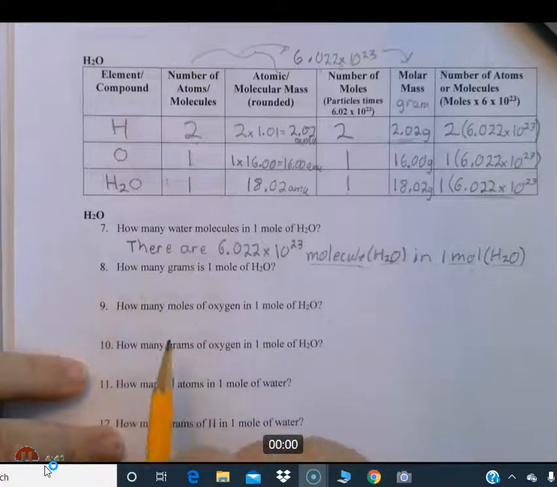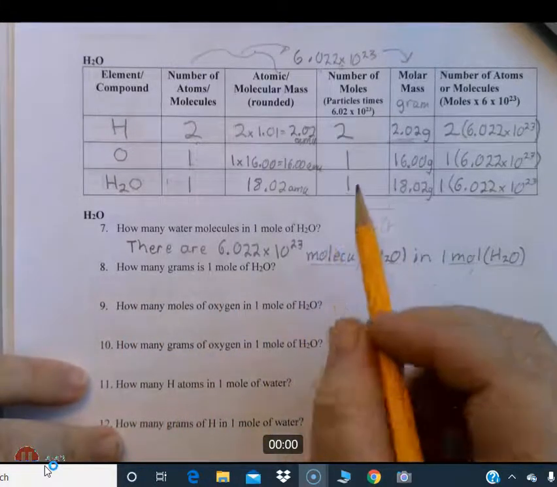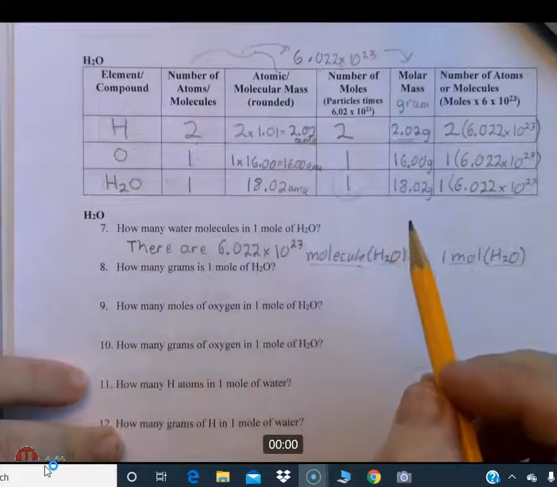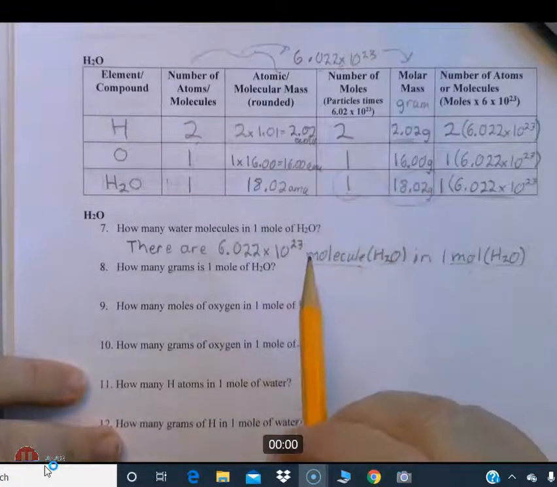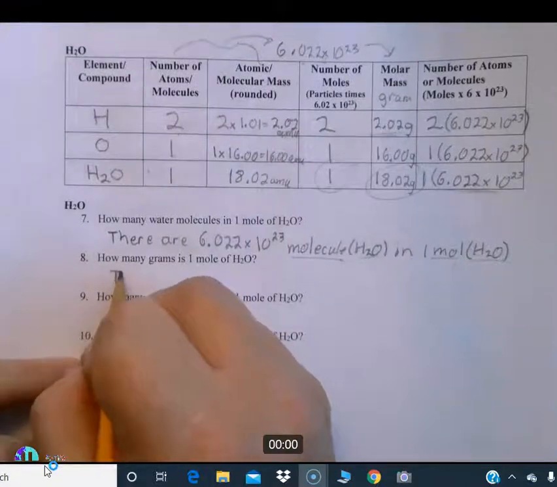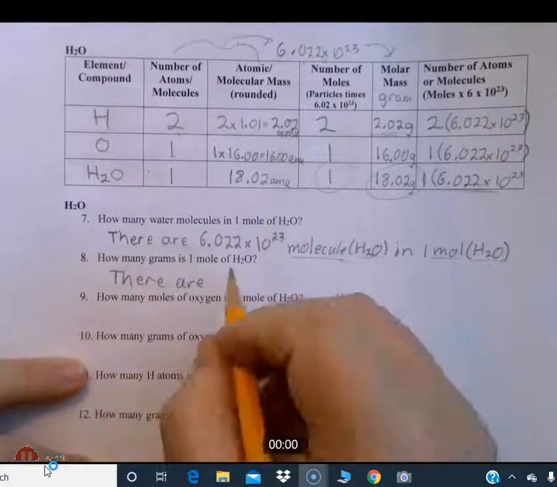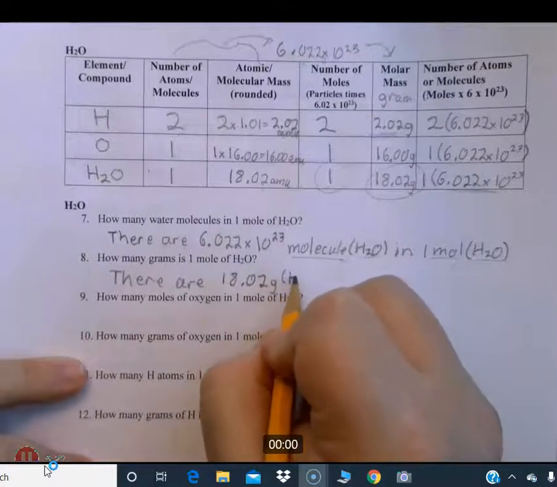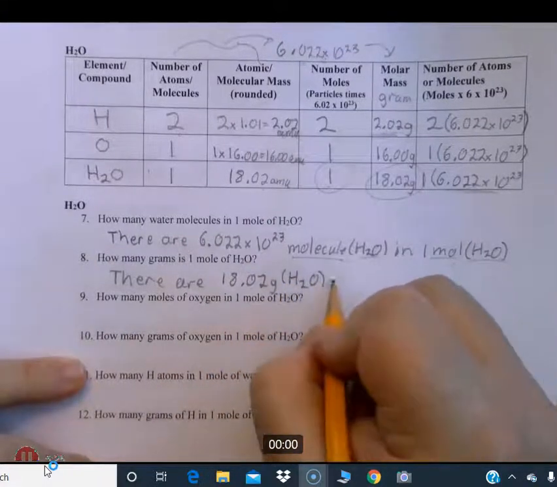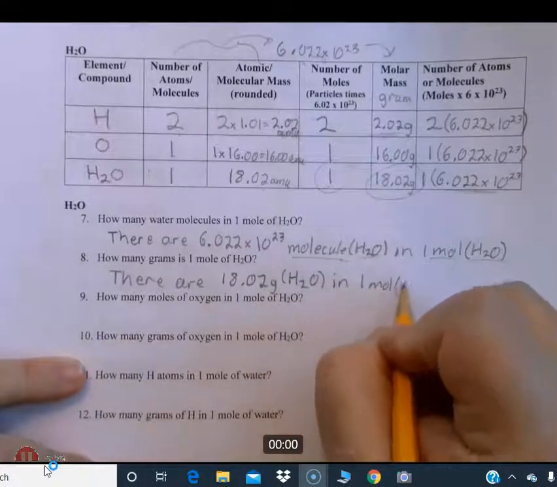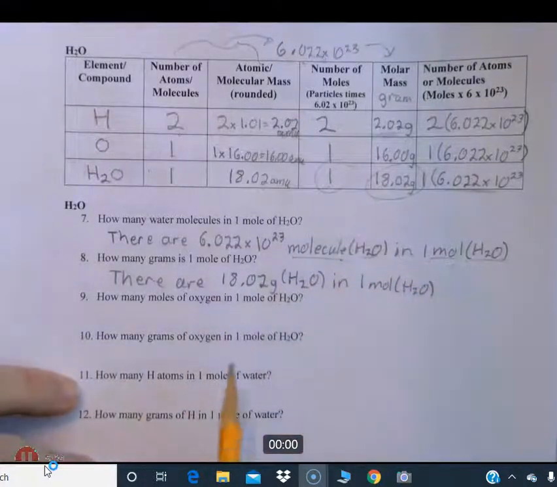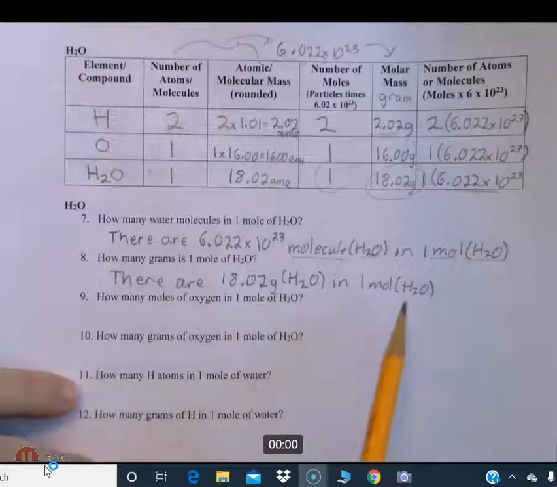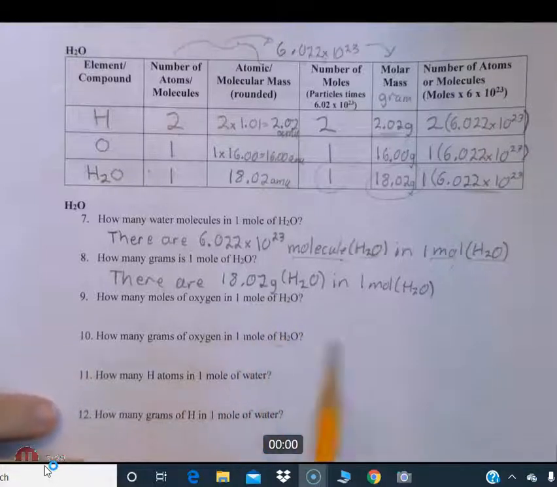Okay, how many grams in 1 mole of H2O? So here's 1 mole, and here's 18.02 grams. Okay, so there's 18.02 grams of H2O in 1 mole of H2O.